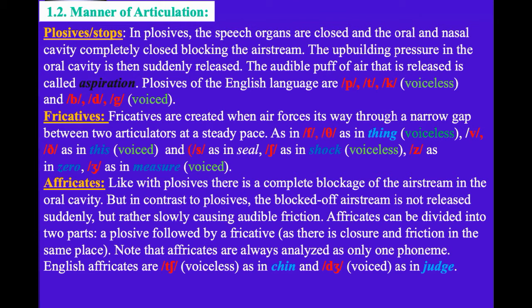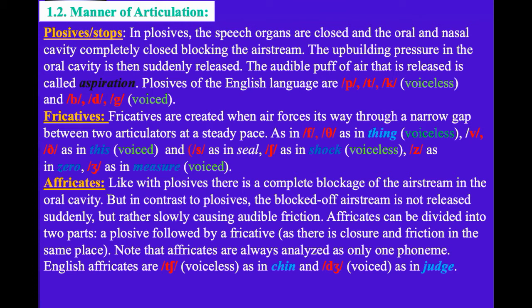For t and d, we stop the air completely at the alveolar ridge. For k and g, we stop the air completely with the back of the tongue and the velum or the soft palate, and they are called velar sounds. Then we have the fricatives, which are produced with almost complete closure, or it is called partial closure.